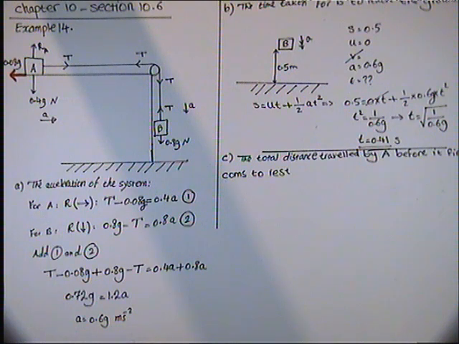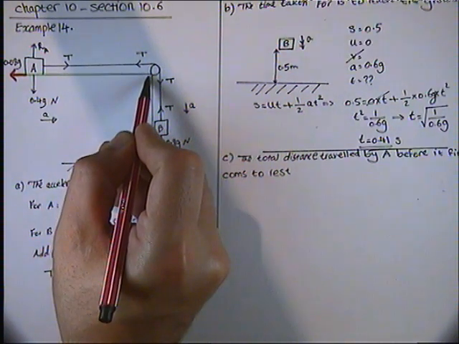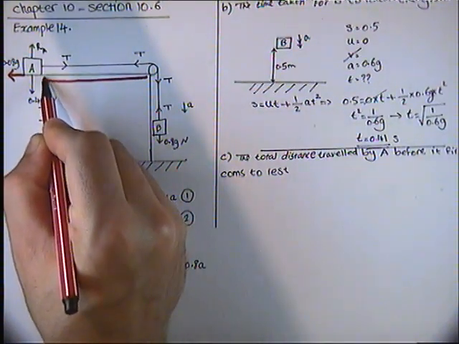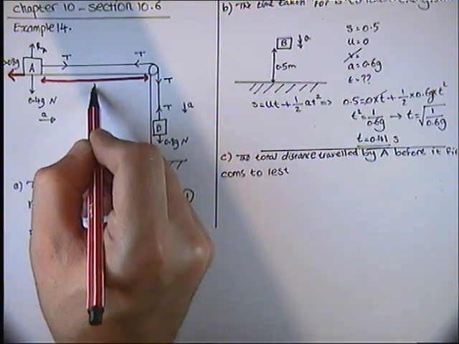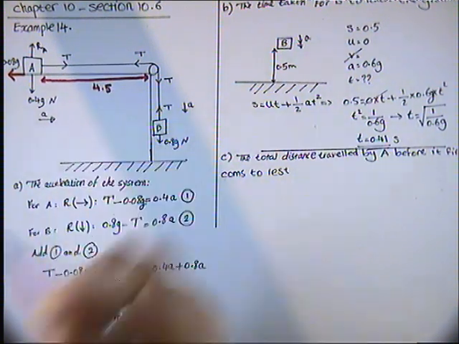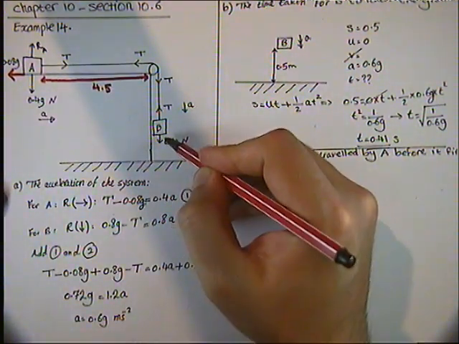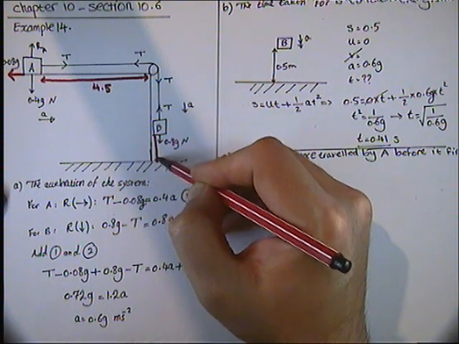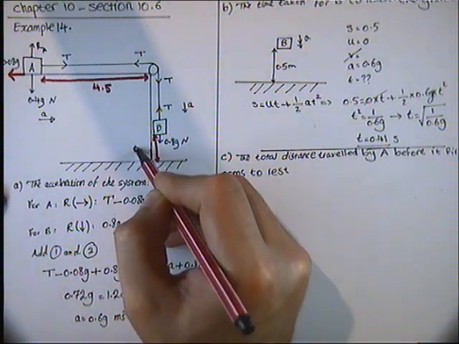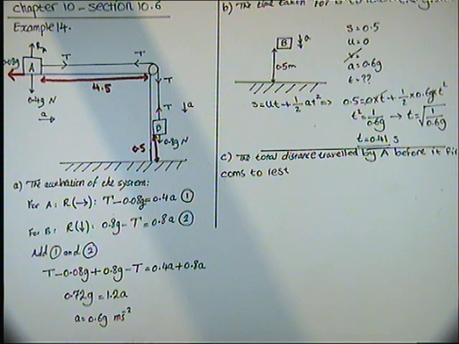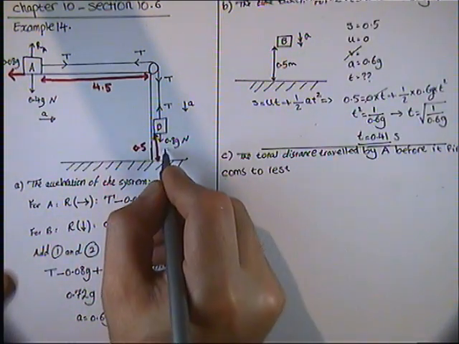One, we know that this distance is 4.5 meters. It says so in the question. And this distance is 0.5. Now, let's imagine B hits the ground.